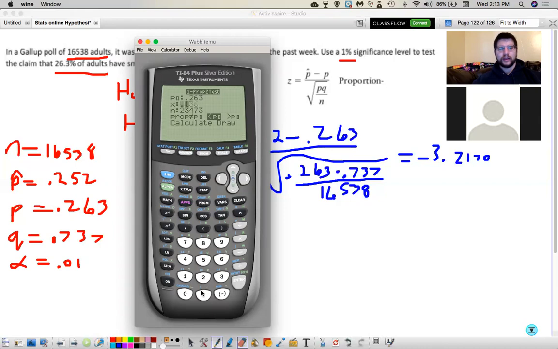So we have to take our proportion, 0.252 P hat, times N. That gives us 4167.5. So that means we got to round that up. We cannot have decimals in here. That's got to turn into an 8.